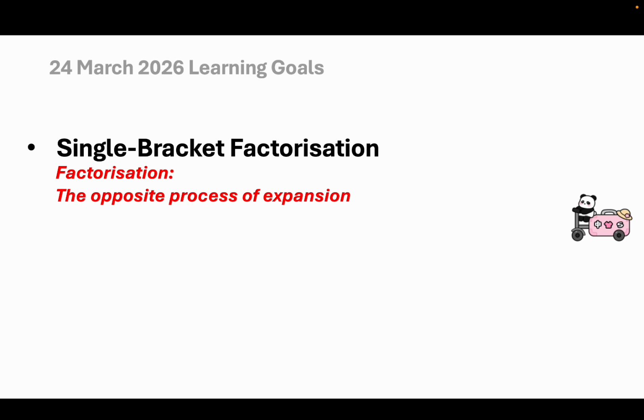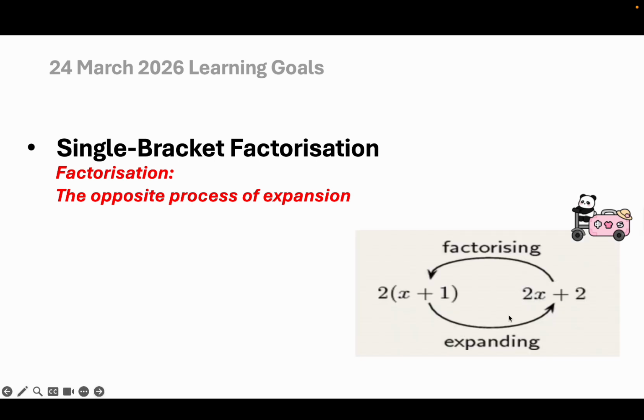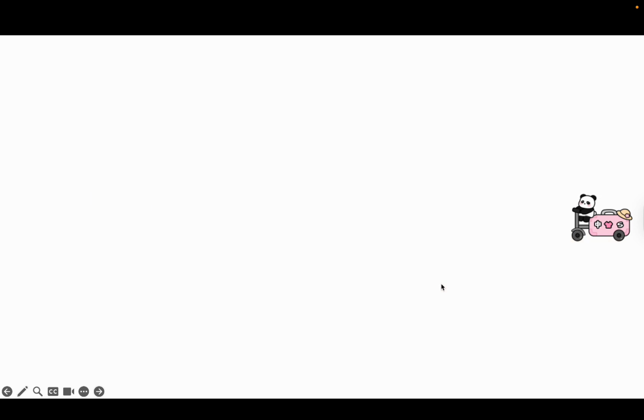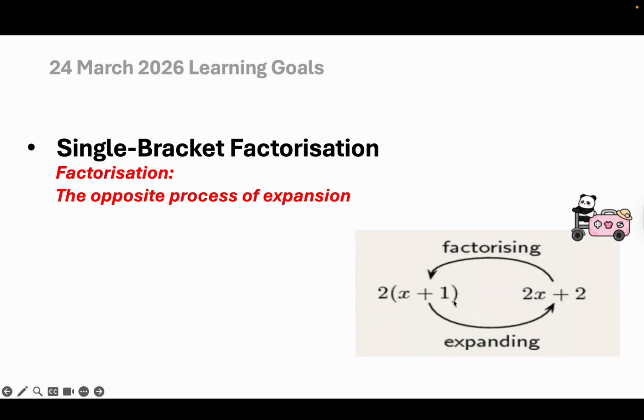Okay, let me give you an example. We have learned that in order to get rid of the bracket, we need to do expansion, which is multiplying whatever is outside the bracket with every single thing inside the bracket. Then we get something that looks like this.